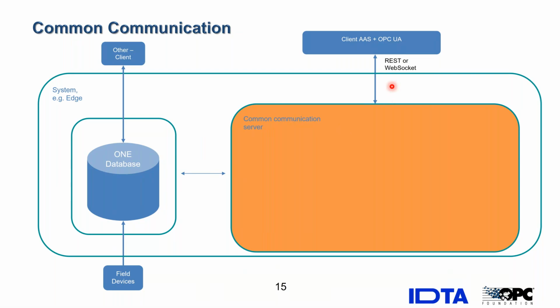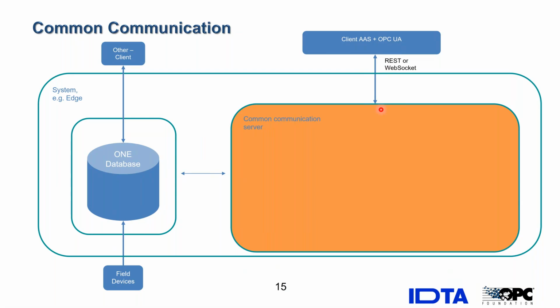And now that is what the common communication is doing. You have a client here, and this client is at the same time an AAS client and OPC UA client, because we have only one communication stack. So this client can access AAS information and OPC UA information at the same time via the same connection.